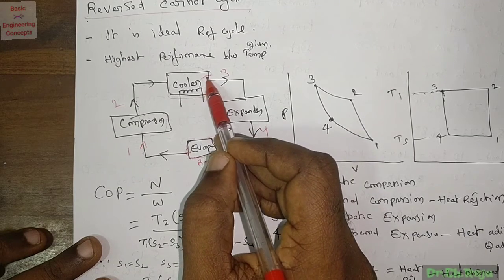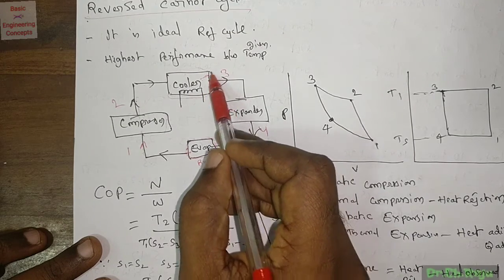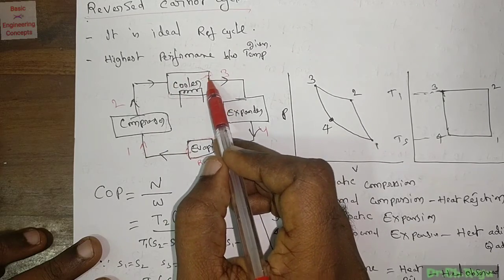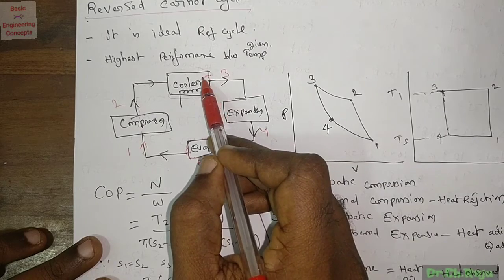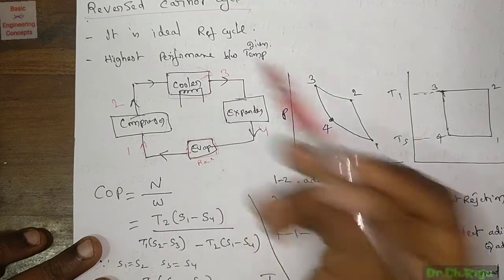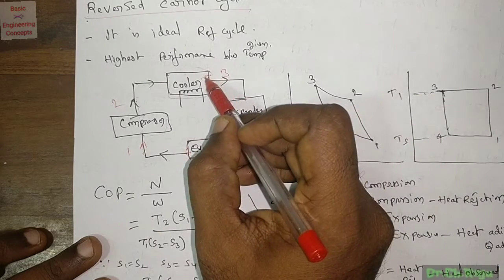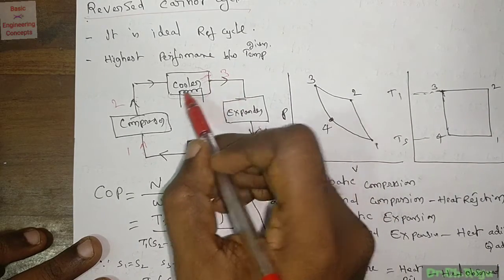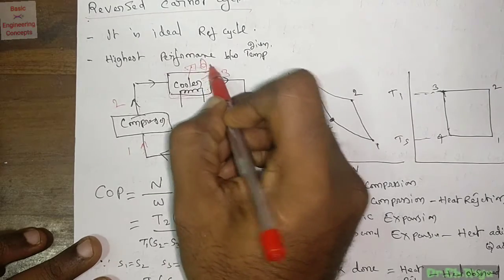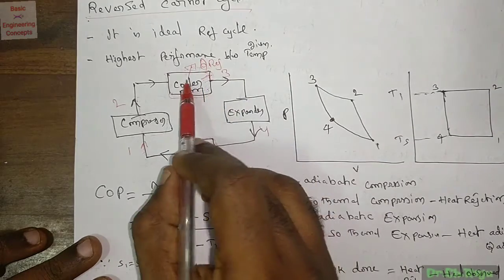That's why it gives the highest performance. So the cooling process is carried out at constant temperature; without decreasing the temperature, it removes the heat. Q is rejected at high temperature.